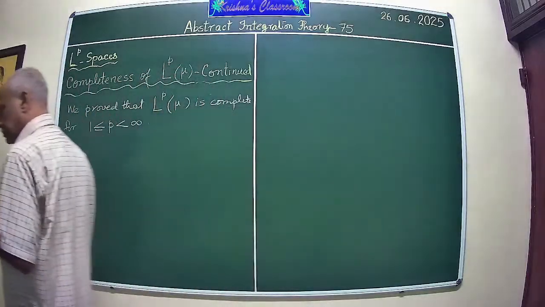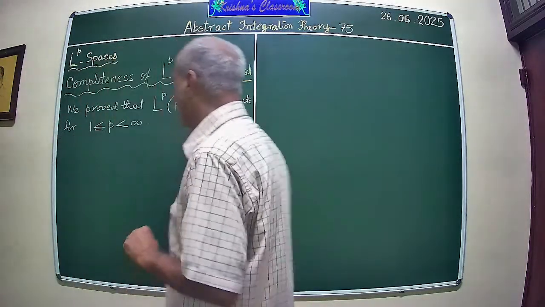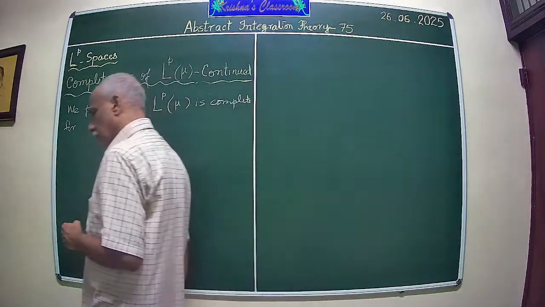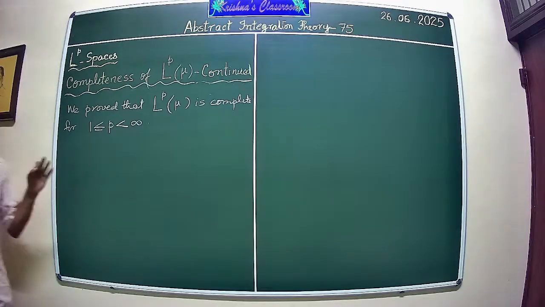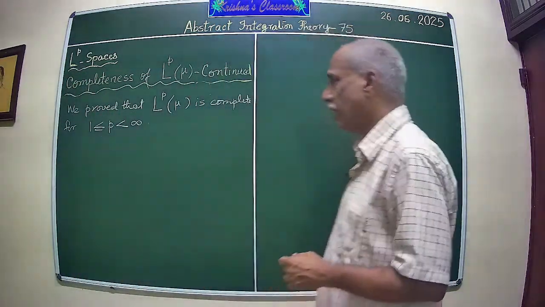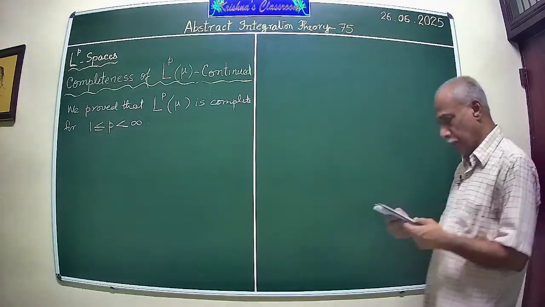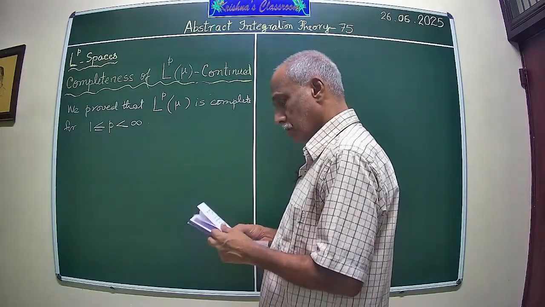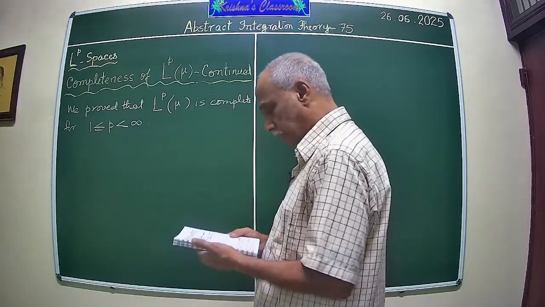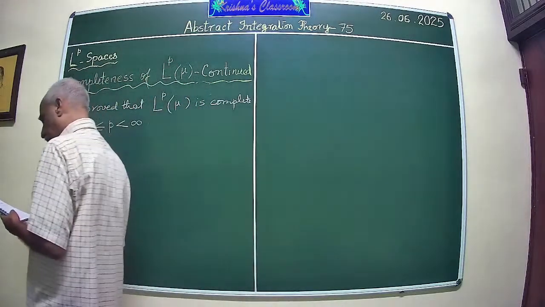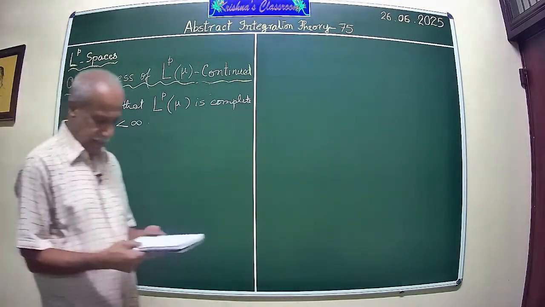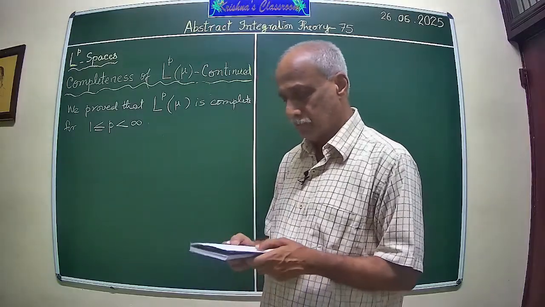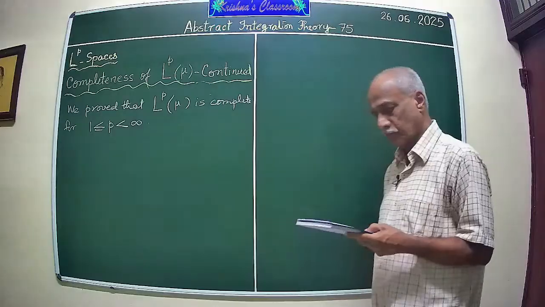Let us briefly recall what we did. We considered a Cauchy sequence in LP, and then we constructed from it a monotone sequence Fnk, and then we considered the construction of a function f from it.